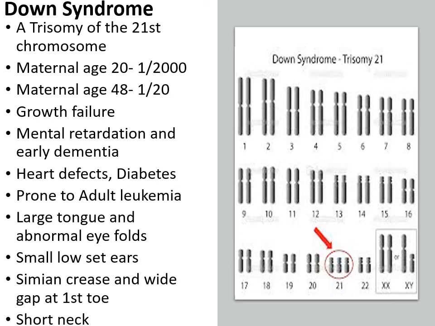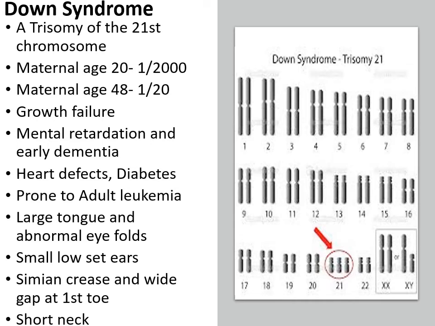They typically have a large tongue and they have abnormal eye folds, and we'll come to a slide on that. Their ears are low set, okay? They have what's called a simian crease, so a crease that goes right across their palm.